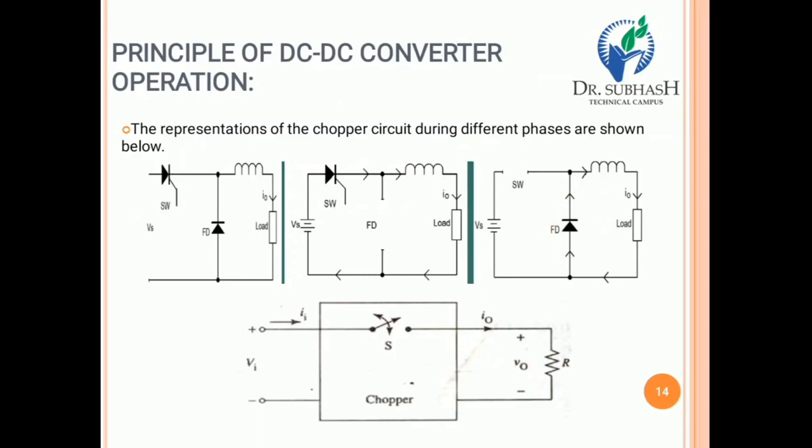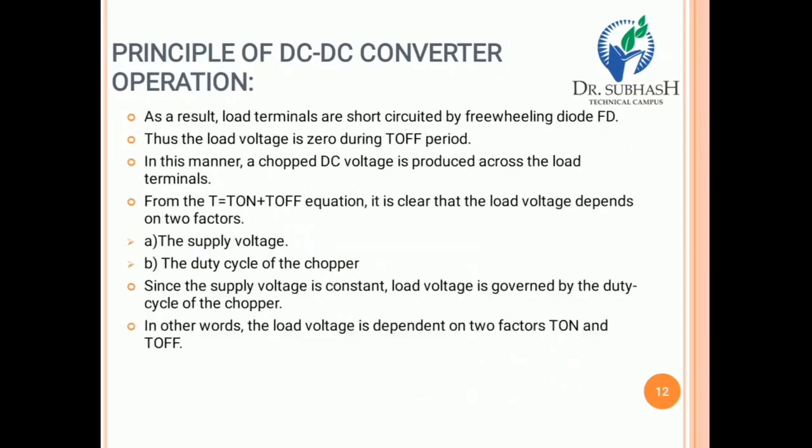So that is a different phase of the different condition, and that is the circuit diagram of the basic DC chopper circuit. Here we apply the input voltage Vi, and here we get the output voltage V0.